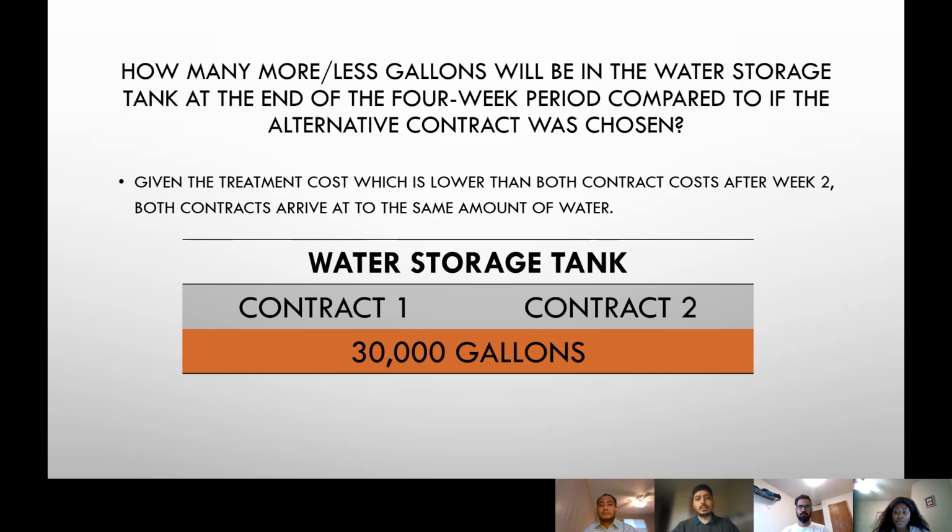That is, after the 4 weeks are done, whether you go with contract 1 or contract 2, you will have 30,000 gallons in the tank. So this doesn't really help differentiate whether you want to go with contract A or B. We choose only on the cost-based difference.